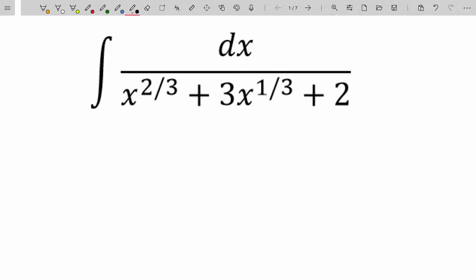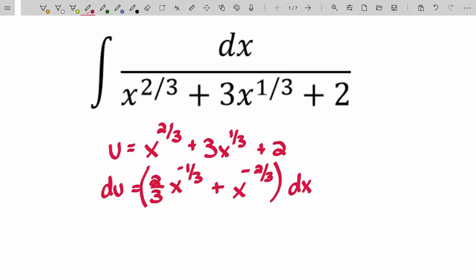The way that I normally encourage people to do u substitutions is letting u equal a large piece. However, that's not going to be wise here. For example, if you let u equal the entire denominator, then du, the differential of u, would be that mess right there. And to be honest with you, that will be very challenging to rectify in this situation.